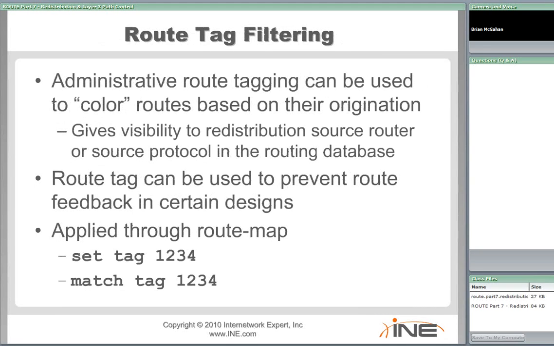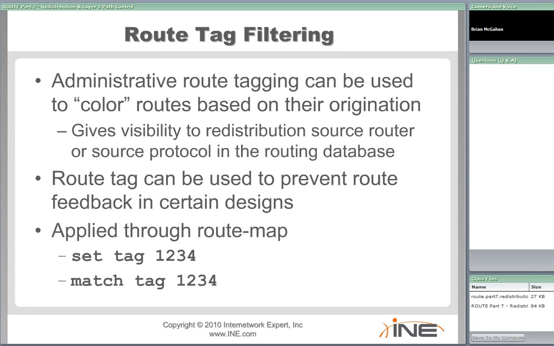Okay, then the last one we have is the administrative route tag. Route tagging is used just for our manual purposes, to put routes into general categories that we can match them based on. So this can give us visibility as to what the redistributing router is or what the source protocol is.